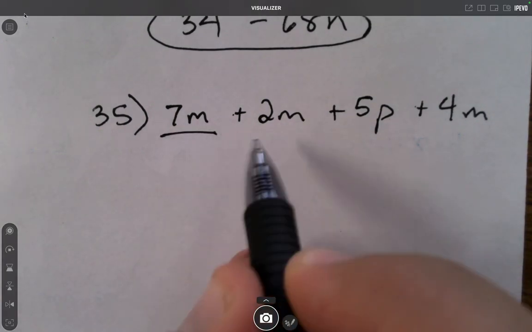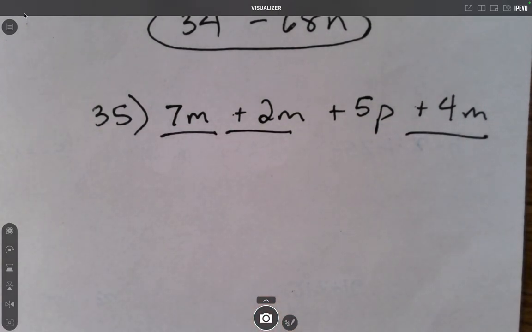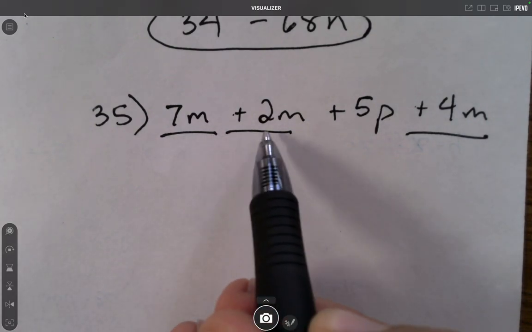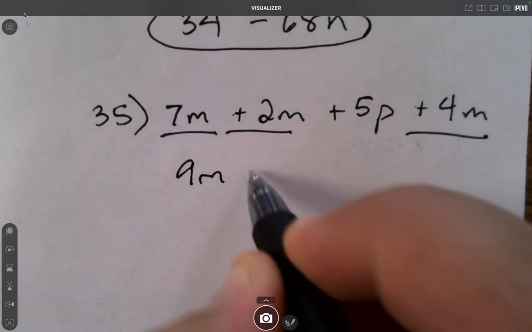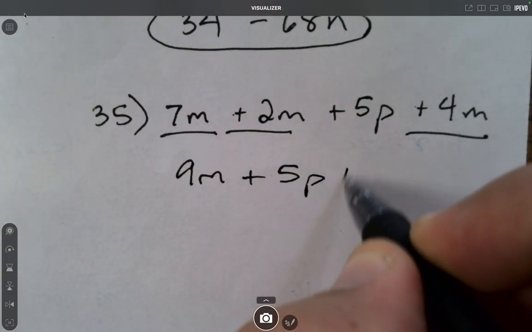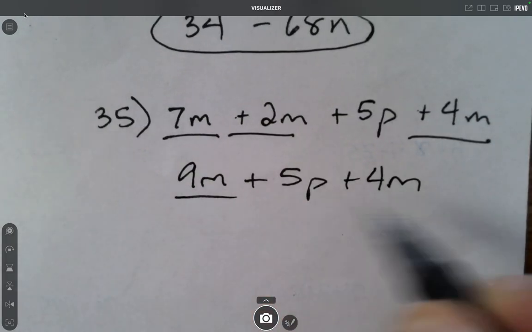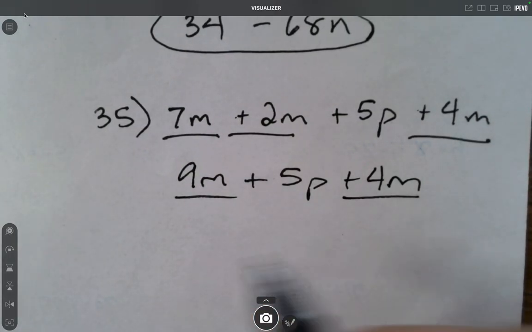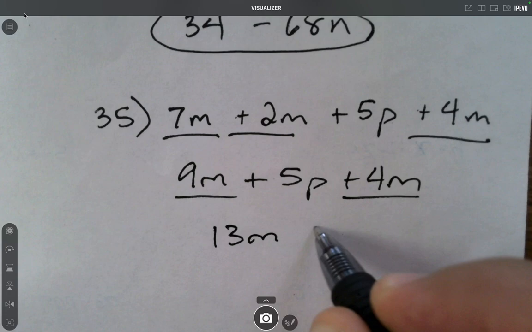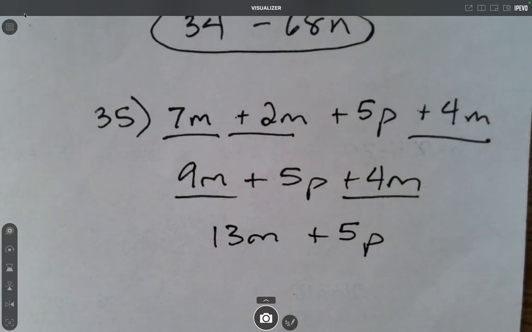And these three have the same variable pattern because they have an m, and it's all m to the first power. So I'll do 7m plus 2m is 9m. 9m plus 4m is 13m. And that is as far as I can go because these two are not like terms, because this one has an m and this one has a p.